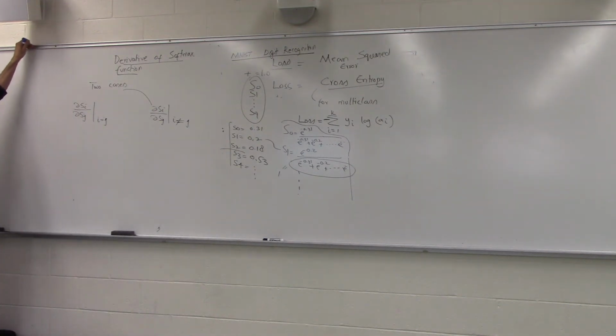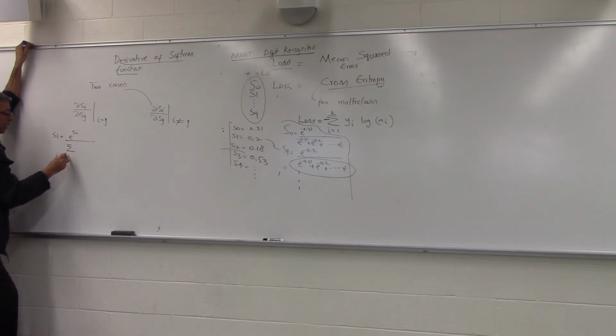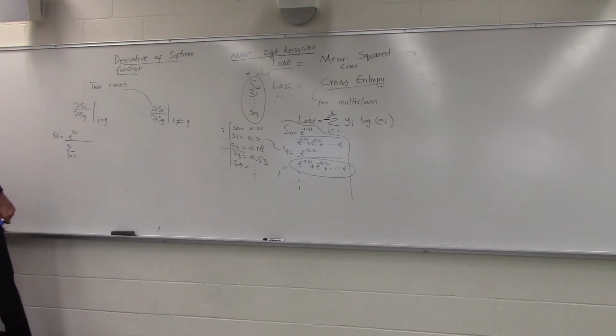Okay, so it's pretty easy to compute, because what's the formula for S of i? E raised power S of i over the sum over j equal to 1 to k of e raised power S of j. Sorry, was it a positive or was it a negative? Let me double check. It was positive. Yeah, it is positive.